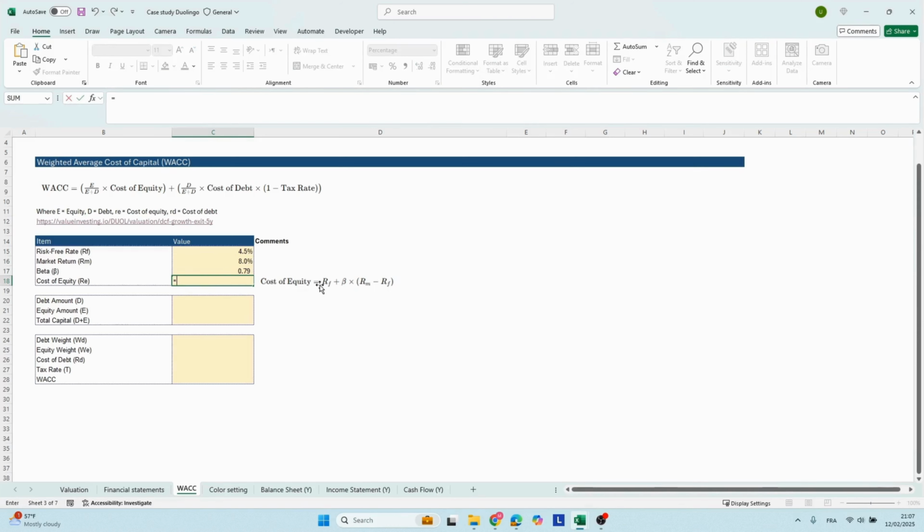So we said that the risk-free is 4.5% plus beta, which is 0.79, times the market return, which is 8%, minus the risk-free, which is 4.5%.